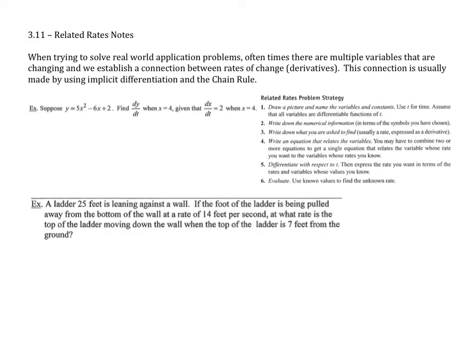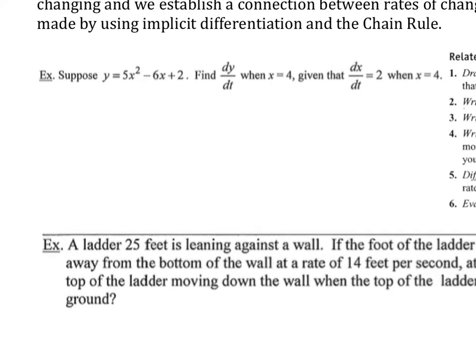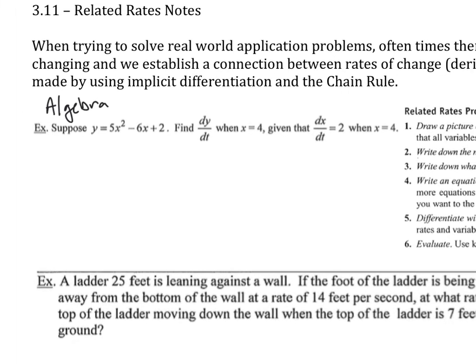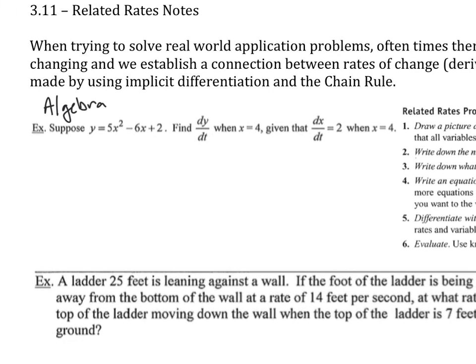So what I want to do first is go through this example here. And the example here is really the algebra involved in related rates. And one of the things that we do talk about with related rates is that we always use implicit differentiation and the chain rule to figure these problems out.